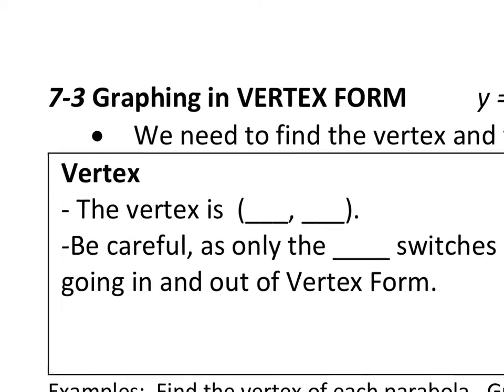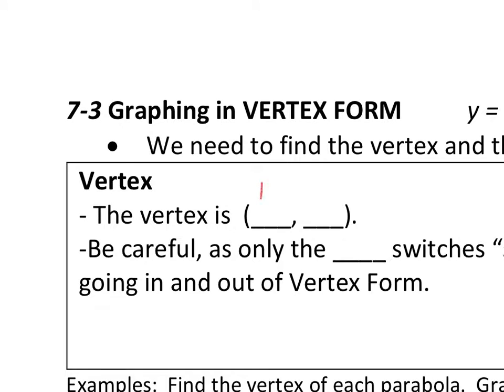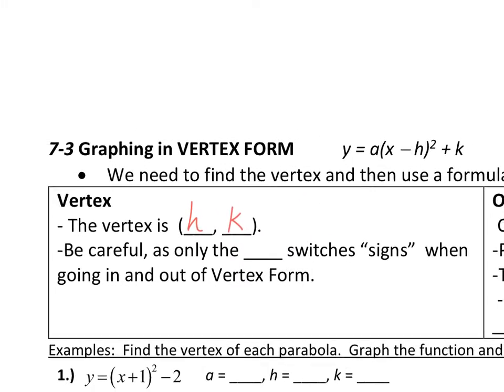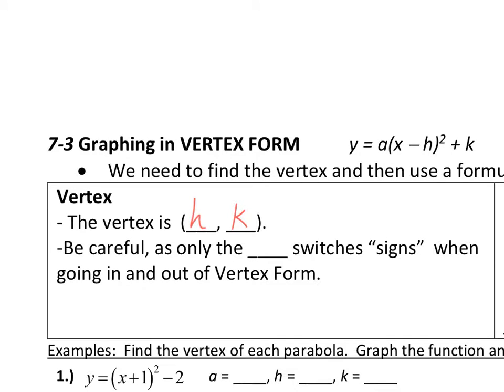So the vertex is the h, k. And we have to be careful. This is what tricks up a lot of students, as only the h switches signs. So do you remember when we did point-slope formula, how the x and the y switch signs?